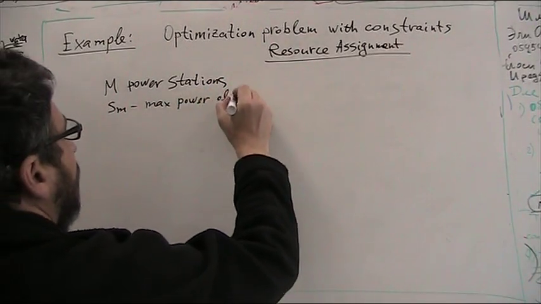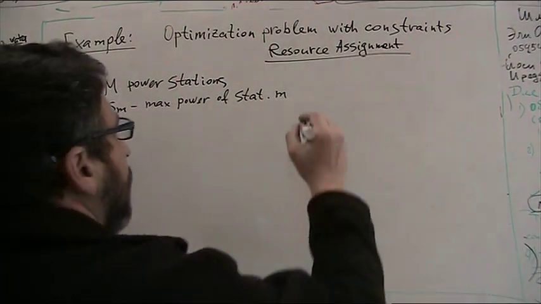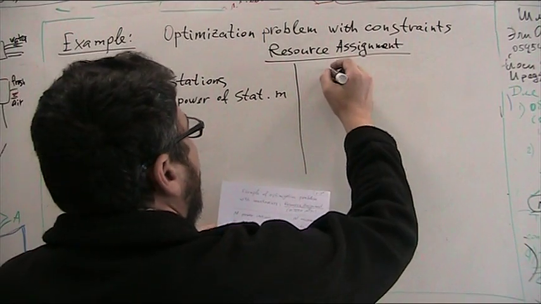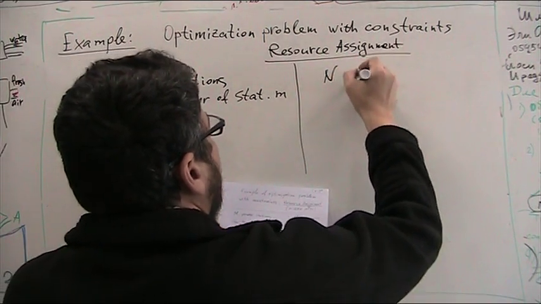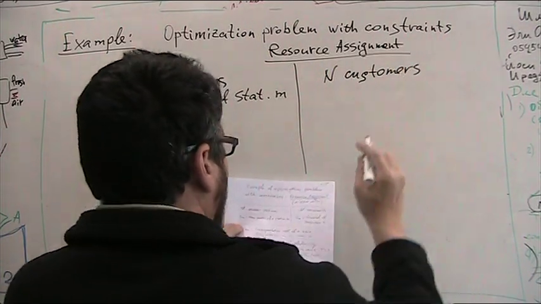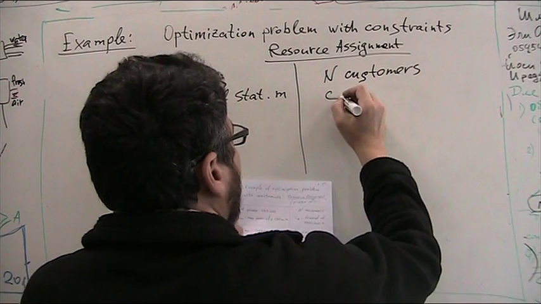On the other hand, we have capital N customers, and Cn is the demand of customer n.